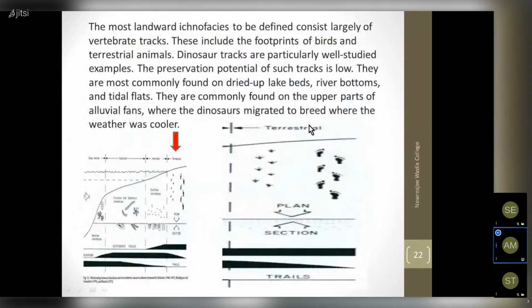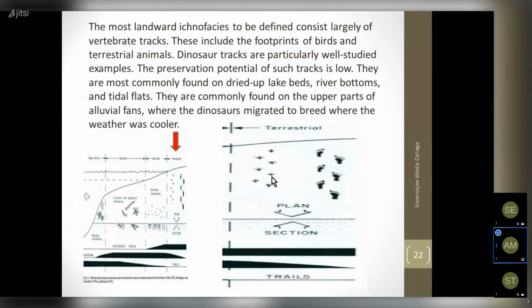Starting with terrestrial, which is the most landward ichnofacies to be defined, consisting here in the first section largely of vertebrate tracks that include the footprints of birds, as we can see here, and some terrestrial animals. Dinosaur tracks are particularly well-studied examples, and the preservation potential of such tracks is low.